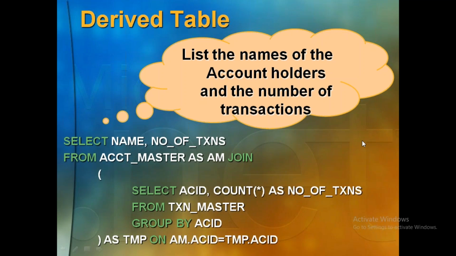Subqueries, correlated subqueries, and derived tables are important concepts that you have to use in your case studies, and you have to practice them heavily. If you think of something, try to use joins first, and you can also use subqueries and compare how they perform, and which is the better one, which is the best one.